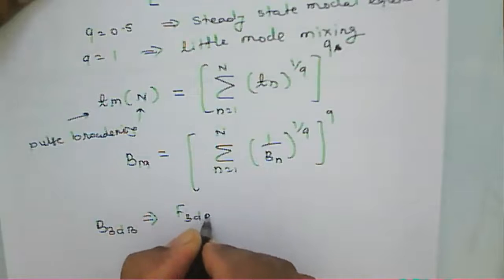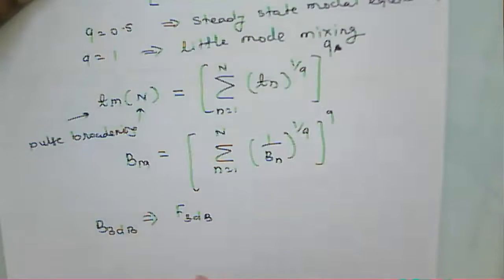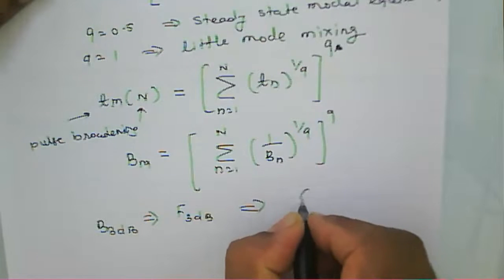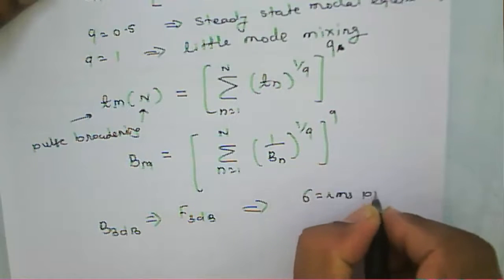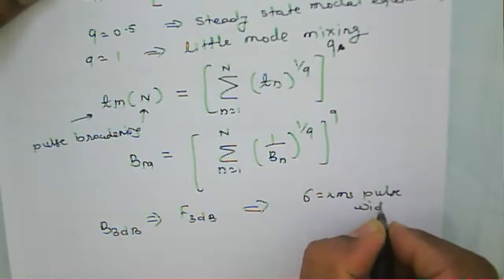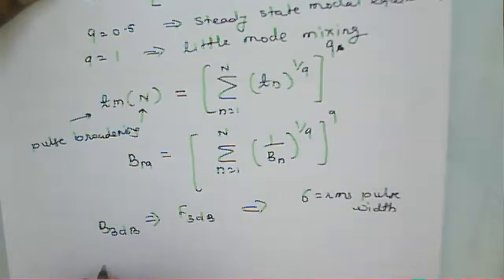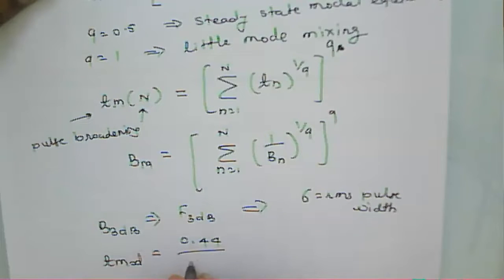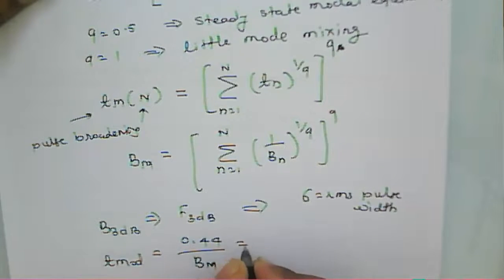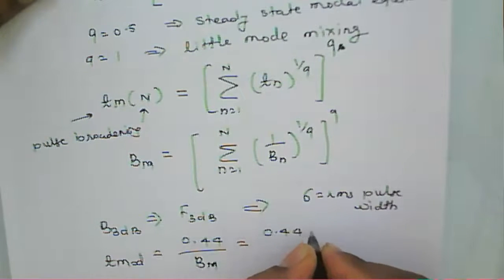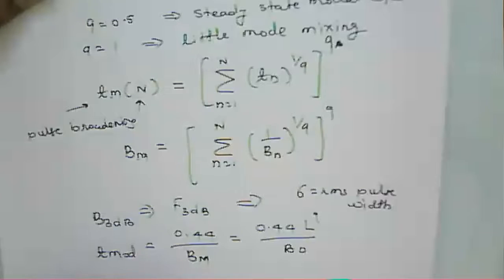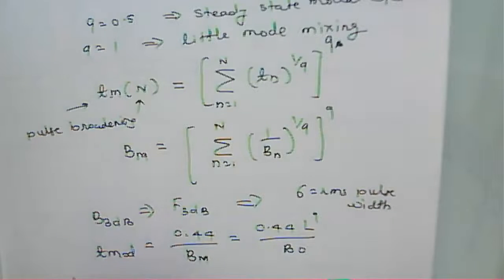If we have that particular modulation frequency, then it depends upon what will be the RMS pulse width. So we can calculate the modal dispersion, T_modal = 0.44 / Bm = 0.44 L^Q / P0.